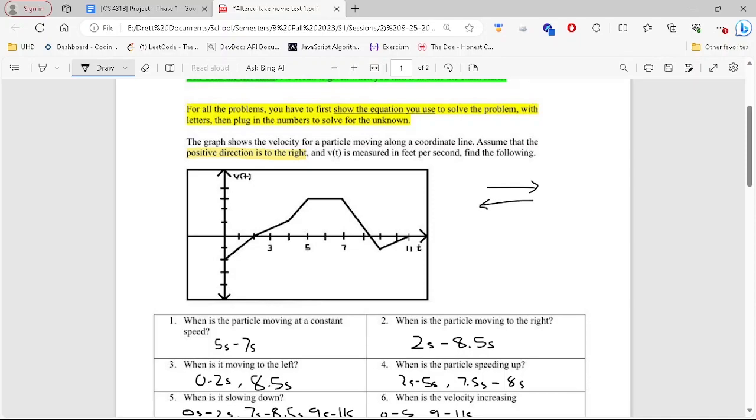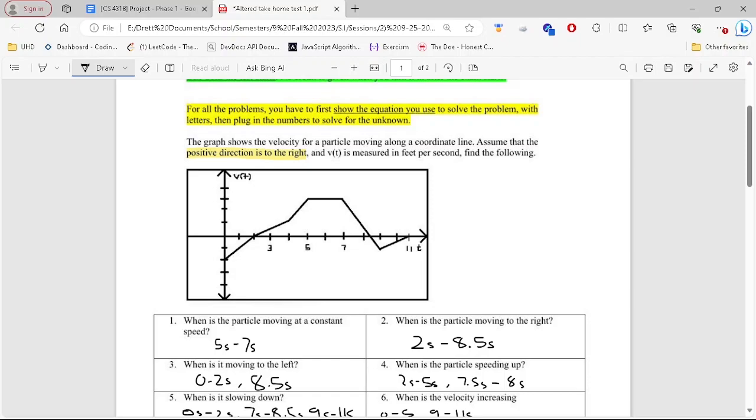When it goes from negative to positive, it's going from going left to going right. Those are the two ways in which direction can change.